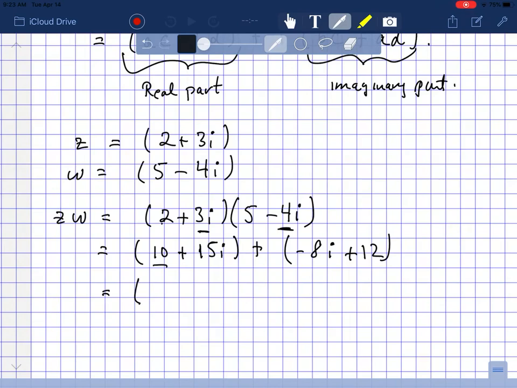I'm going to look at the sum of the two real terms. This is going to be 22. And then the sum of the two imaginary terms, and this is going to give me 7i. So that's my product. All right.